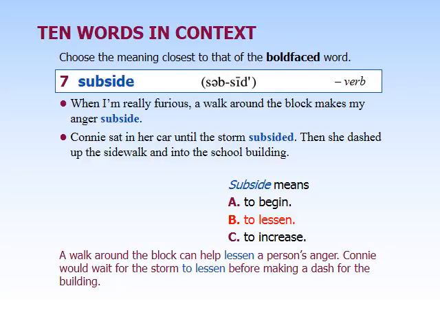We don't know what the starting point was or if it's gone up before. But subside has the meaning that something was normal, that went up, and then when it subsides it comes back down. So for example, in the first example, when I'm really furious, when I'm really angry. Before I get really angry, I'm normal, but then my anger goes up and then it subsides, it comes back down. In that case, it's also diminishing.